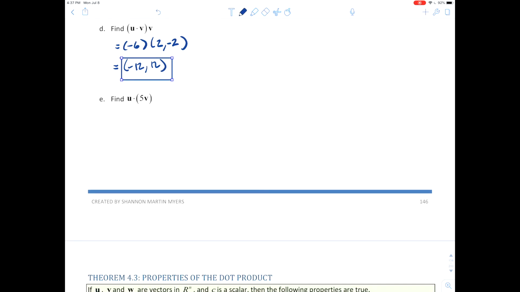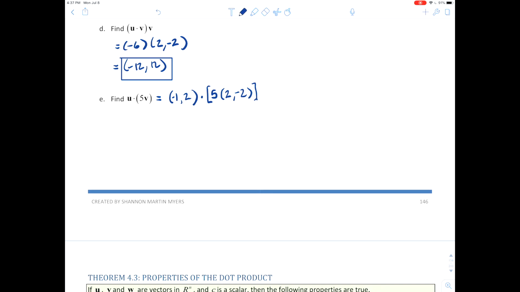All right, now how about u dot 5v? So let's see what happens. So we'll write it out a little bit more than you probably would have done. So this would be, what is it? Negative 1, 2 was our u, dot 5 times v, and v was what? 2, negative 2. Good. Okay, well, what happens with that 5? I could multiply the 5 into the v, right?